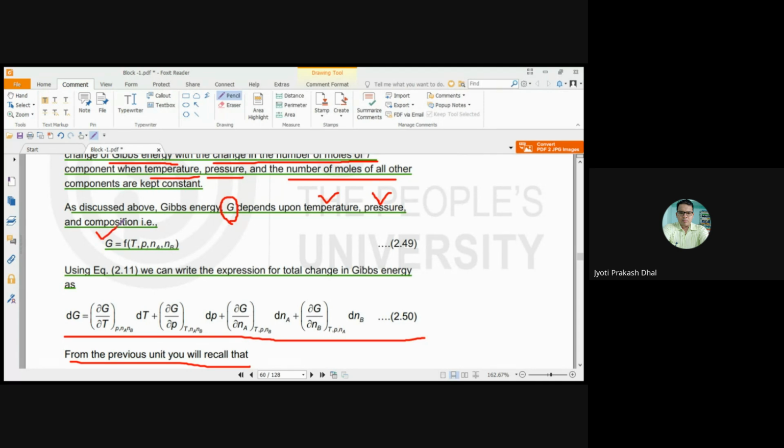So if you consider a binary mixture A and B, then G equals a function of T, P, Na, and Nb.